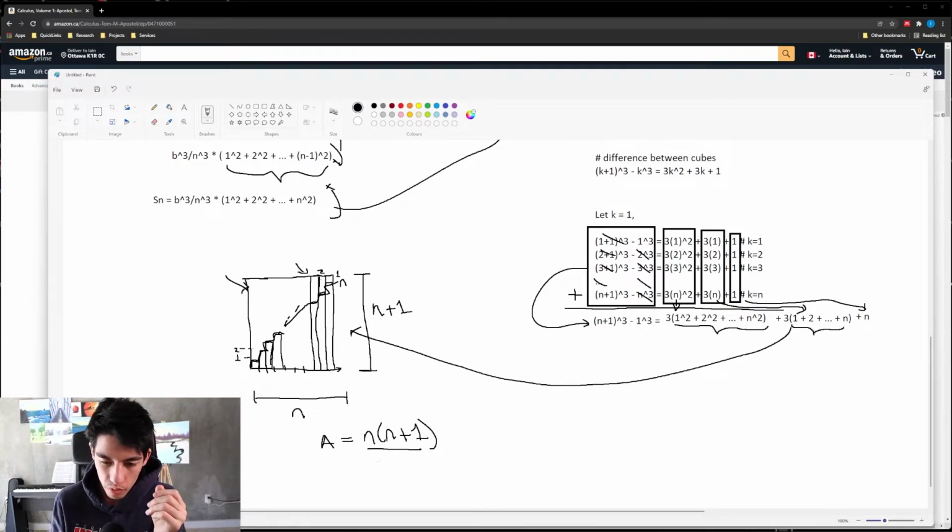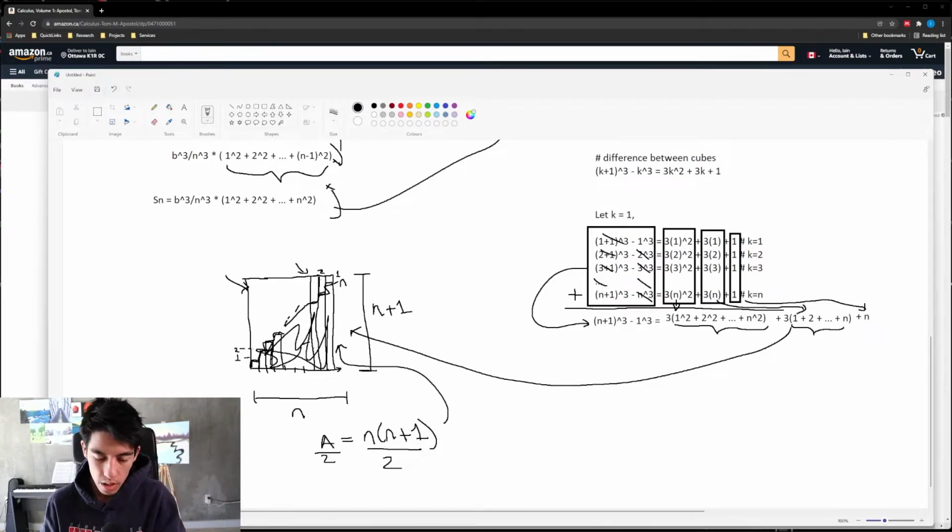That therefore the area of half of this, everything in here, is n by n plus 1 over 2, which is equal to this right here. Okay, let's rewrite this out then.